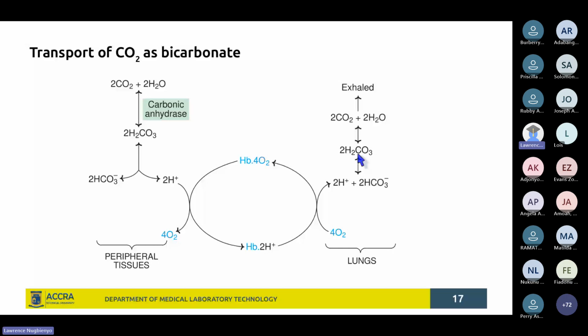And that carbonic acid dissociates into carbon dioxide and water. Then we breathe it out through our nostrils as carbon dioxide and water vapor. Hemoglobin molecule is free, picks 4 molecules of oxygen again, and goes back. So this is what happens to that large amount of carbon dioxide which is left.